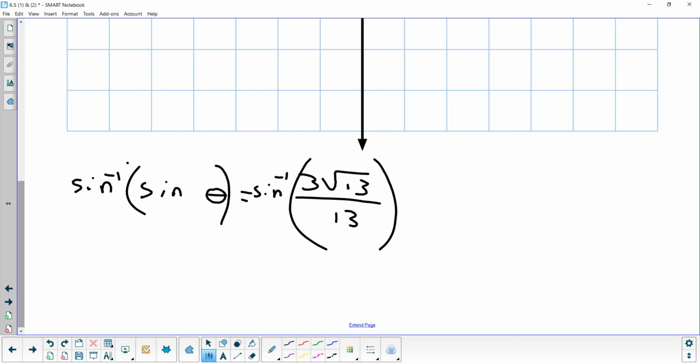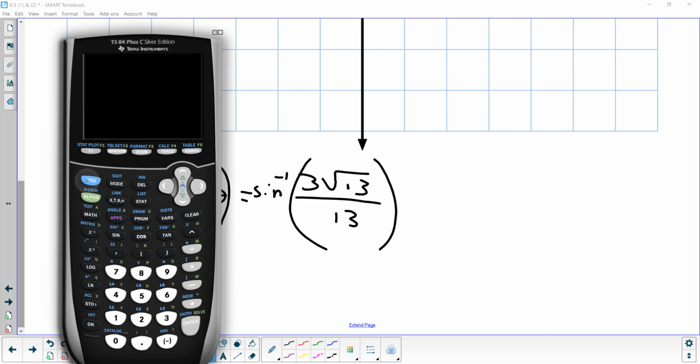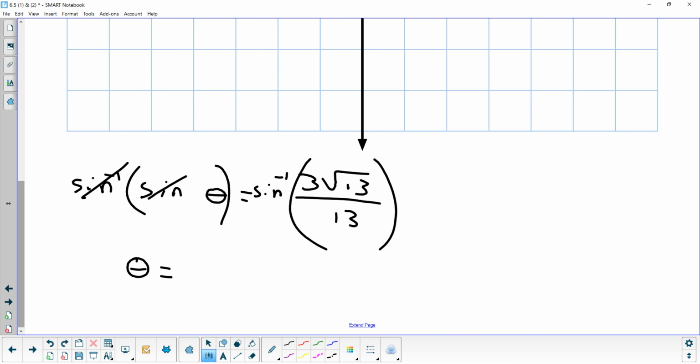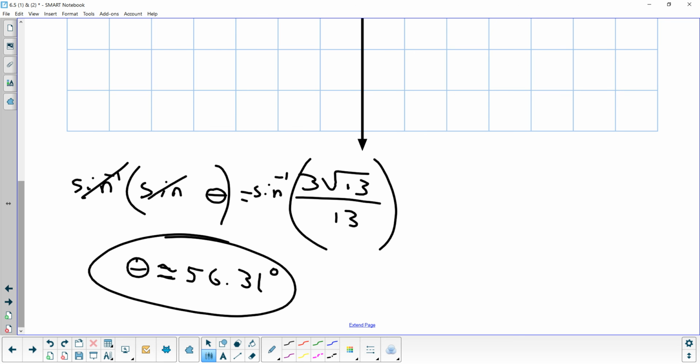So if we take the inverse sine of 3 square root 13 divided by 13, we get an angle of 56.31. That's the angle. And that's approximate. So all that stuff we were doing in the homework last night, when we practiced writing the sine, the cosine, and the tangent, that's the reason why.